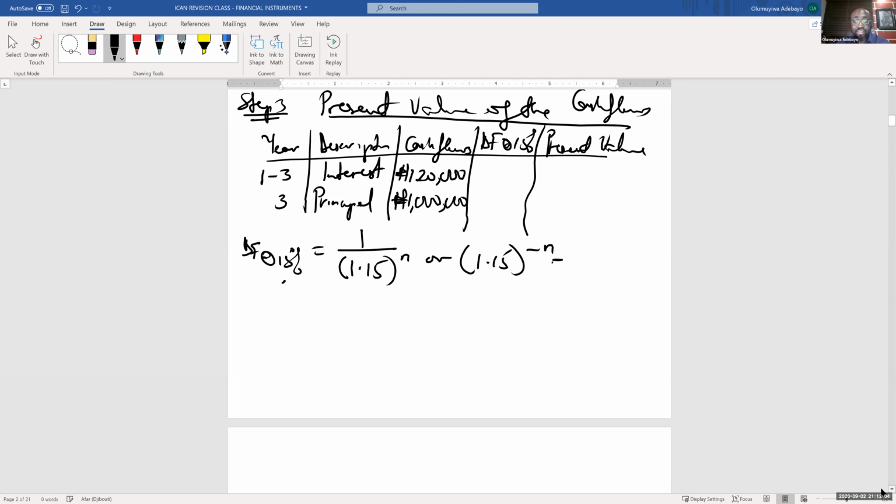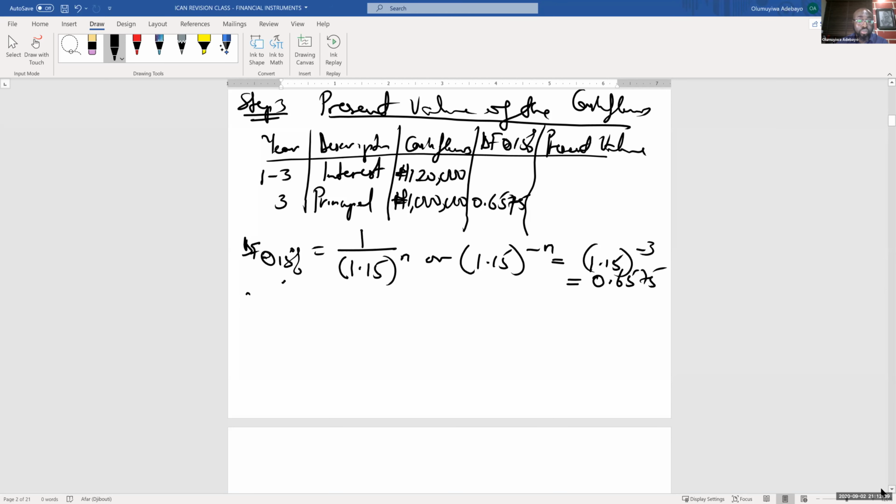Discount factor in year 3 is 1.15 raised to power minus 3. And that gives me 0.6575 approximately.